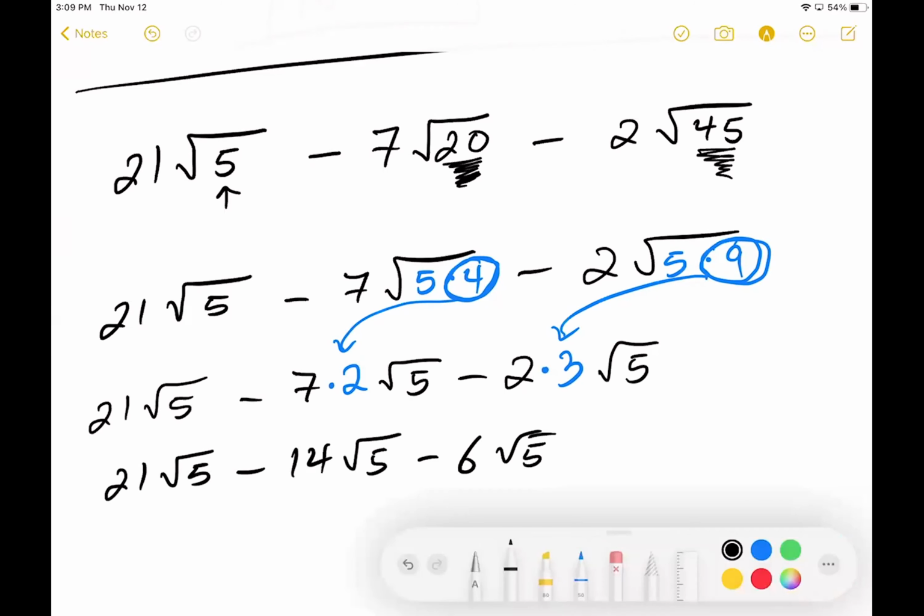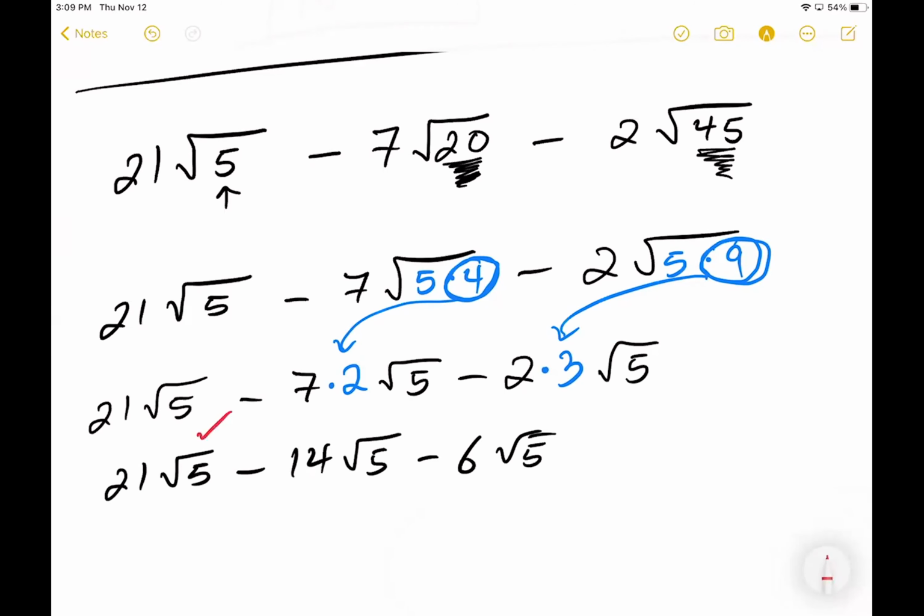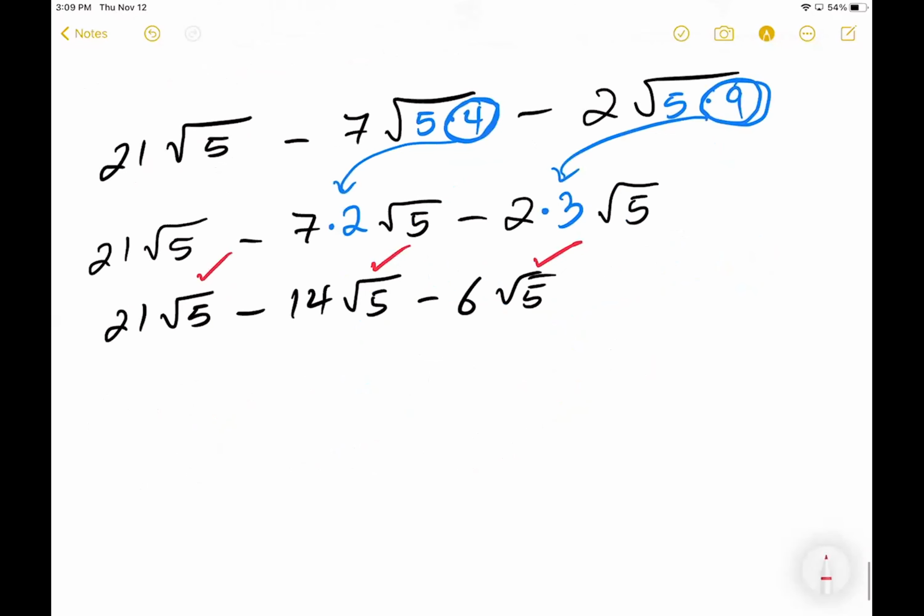And hopefully you guys say, magically, the square root of 5, square root of 5, square root of 5, those 3 items are the same. And if those 3 items are the same, all we need to do is take the 21 minus 14 minus 6.